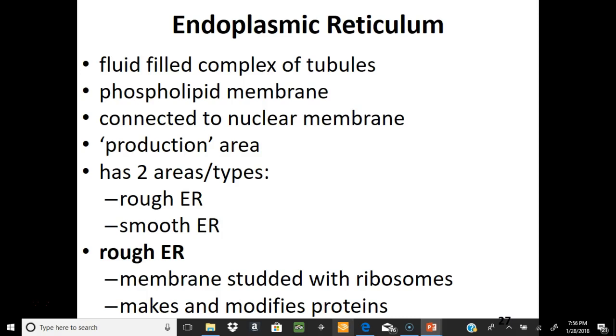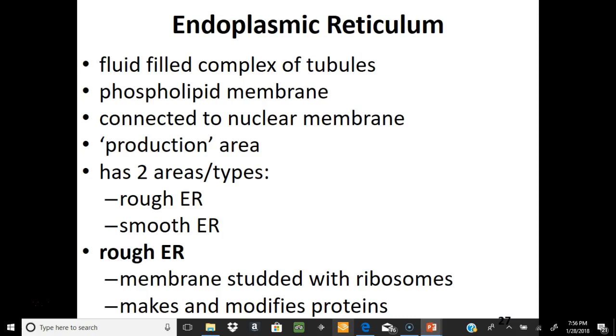So attached to the nucleus, we have an endoplasmic reticulum. The endoplasmic reticulum is a series of tubes that connect from the nuclear membrane, or from the nucleus, I should say, and run out to the Golgi. They don't attach to the Golgi, but they run out to the Golgi.